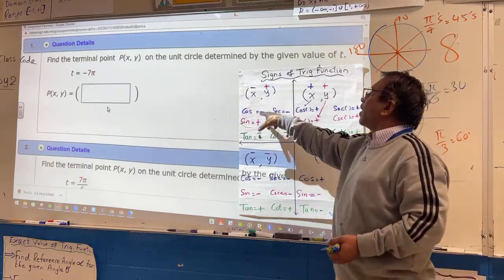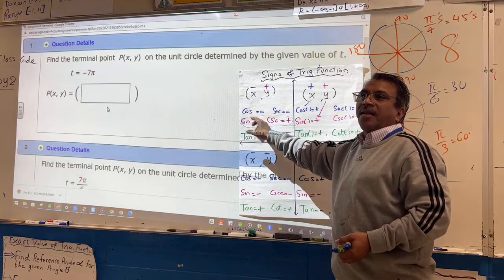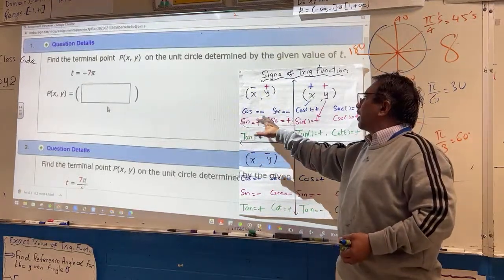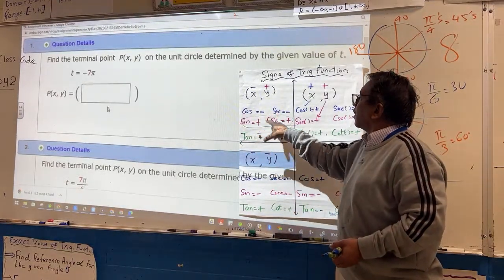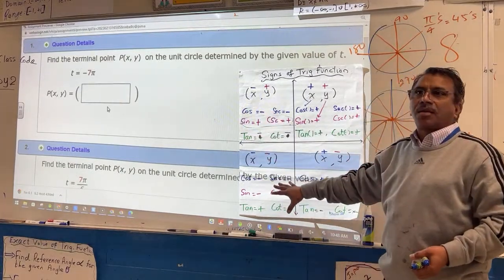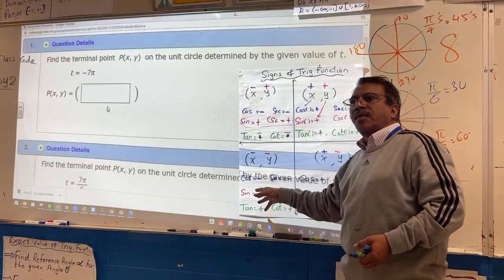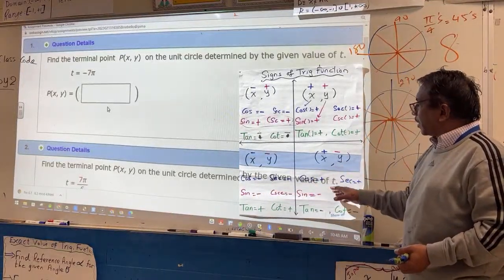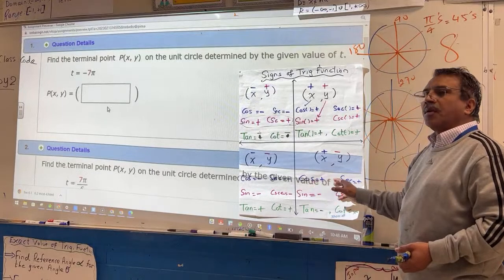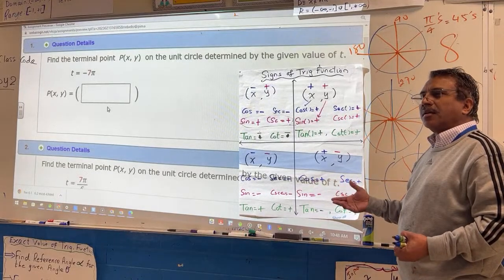So in the second one, sine is positive, so cosecant is also positive, correct? But the others are negative. If you go to the third quadrant, tan is positive, the rest of them negative. In the fourth quadrant, cosine is positive, and secant is like a flip of it.